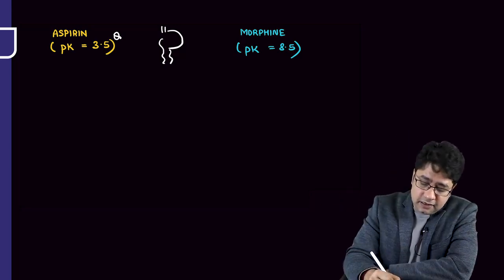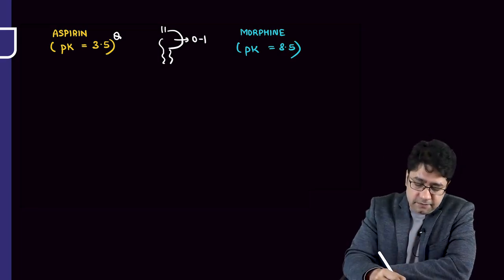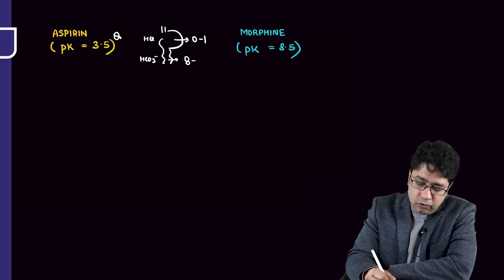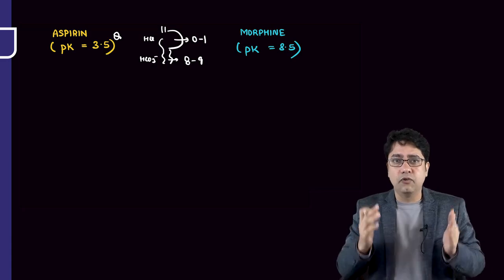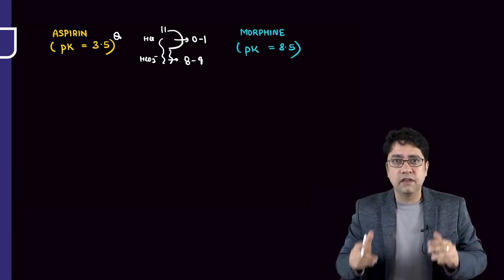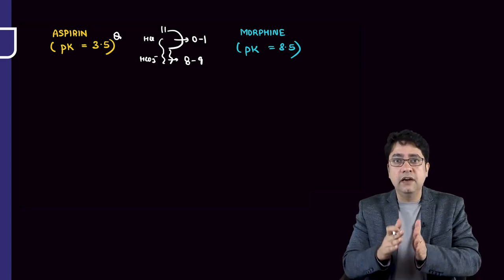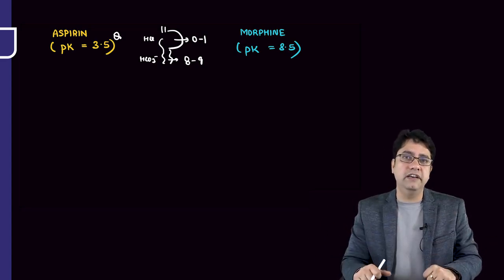Like in the stomach, because of HCl, the pH is highly acidic. And in the intestine, because of bicarbonate, the pH is highly basic, around 8 to 9. So the question which comes to our mind is, sir, what will happen to these drugs if we put this drug in different pH of media?